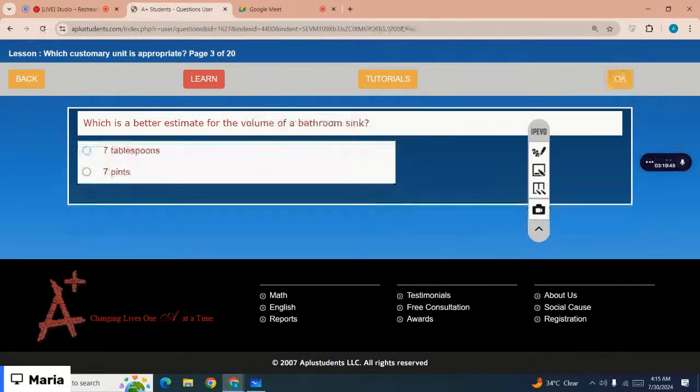Which is the better estimate for the volume of a bathroom sink: 7 tablespoons or 7 pints? 7 tablespoons is too little for a bathroom sink.